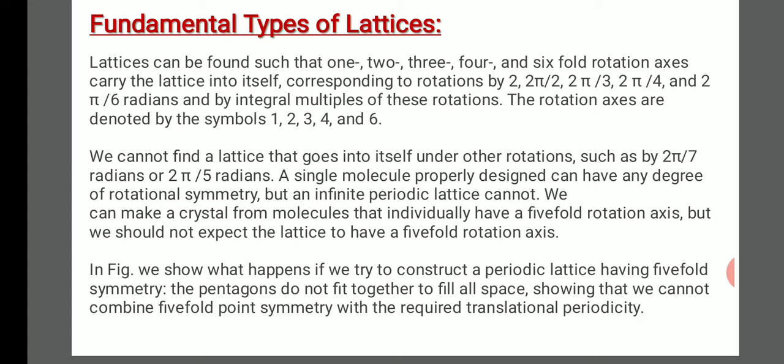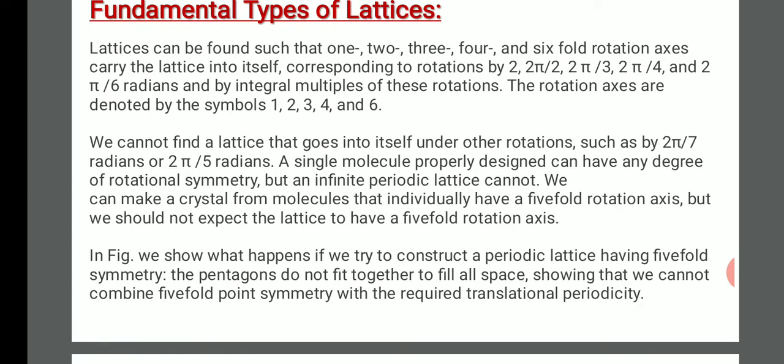Basically, a single molecule properly designed can have any degree of rotational symmetry, but an infinite periodic lattice cannot. We can make a crystal from molecules that individually have 5-fold rotation axes, but we should not expect the lattice to have 5-fold rotation.